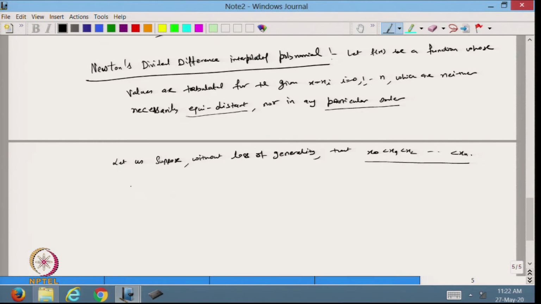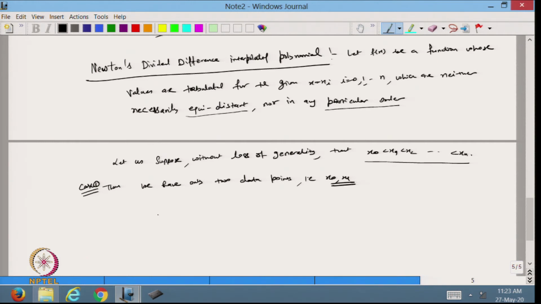Then suppose case 1, we have only 2 data points, that is x0 and x1. So, this is x0 and x1. So, I have only 2 data points.